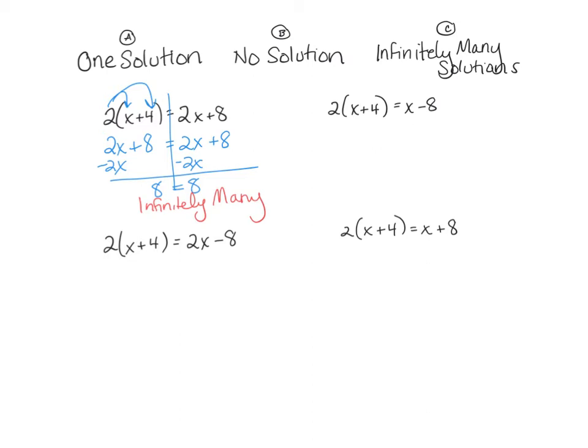Let's just say I say x is 6. So if I put a 6 in for x, that's 6 plus 4 is 10, and 2 times 10 is 20. If I put a 6 in for this x, 2 times 6 is 12, plus 8 is 20. So 20 equals 20.